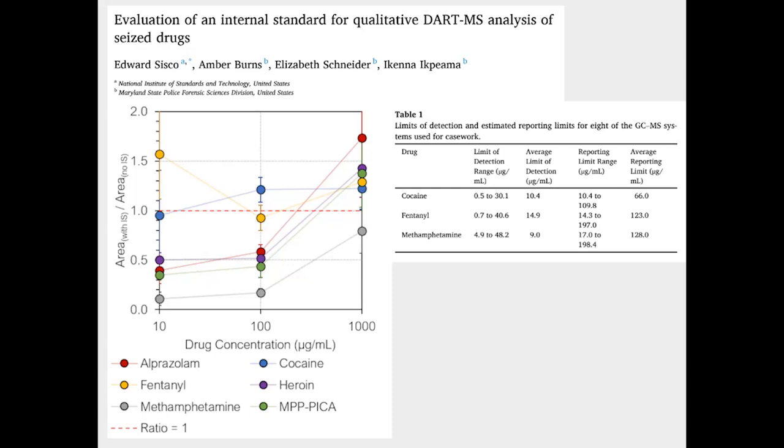And so we kind of wanted to do the same thing for DART, because we know it's a very sensitive instrument, and we were worried that we would be detecting things that were actually in the background and not in the samples. So we found that the limit of detection for DART is a lot lower, or is higher than our background. But for GCMS, our limit of detection is somewhere around 10 micrograms per mil.